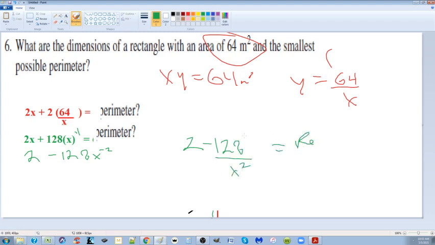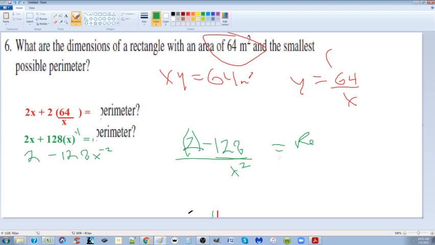And now you have two choices. Visually, you could just set it to 0 and then readjust. Or you could also put it all over the exponent of x squared by multiplying this by x squared over x squared to get a common denominator, and then just solve for the top. Either one works.